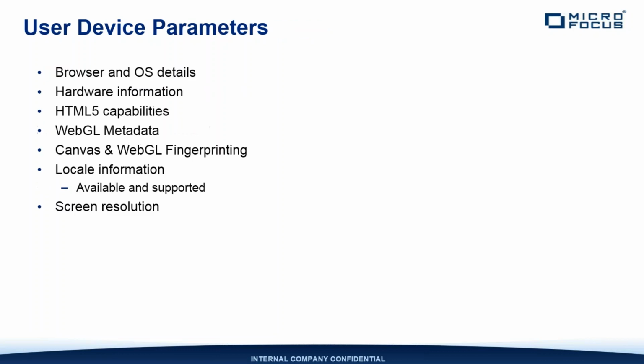Let's go to the big list of parameters that we consider on the user's endpoint. It could be browser and operating system related details: the version and type of browser, and operating system details. Hardware information could include whether his device supports touch, and all the HTML5 capabilities a browser has.